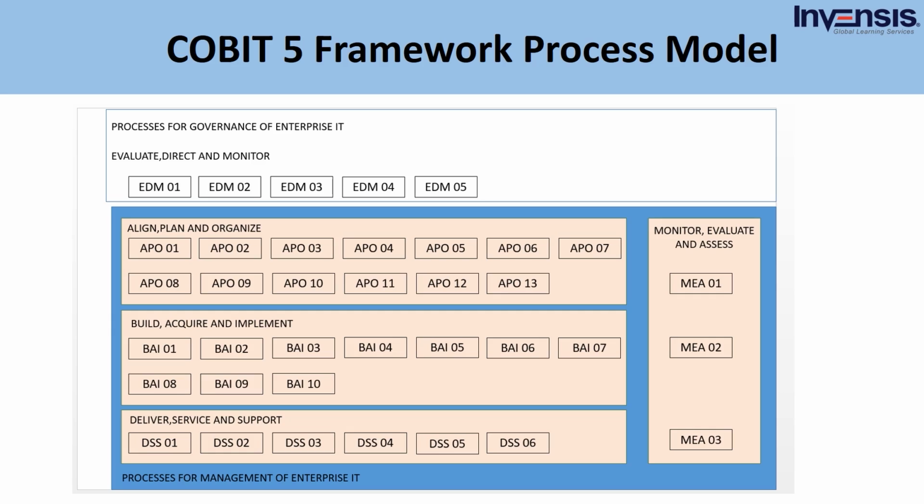The management layer has 32 processes under APO, BAE, DSS and MEA.